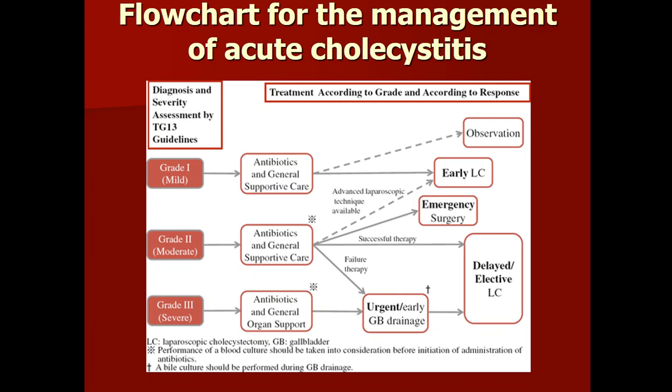But the operation would be performed. It may be emergency surgery if we have destructive acute cholecystitis. If the conservative therapy is successful, then we will have delayed or planned laparoscopic cholecystectomy.